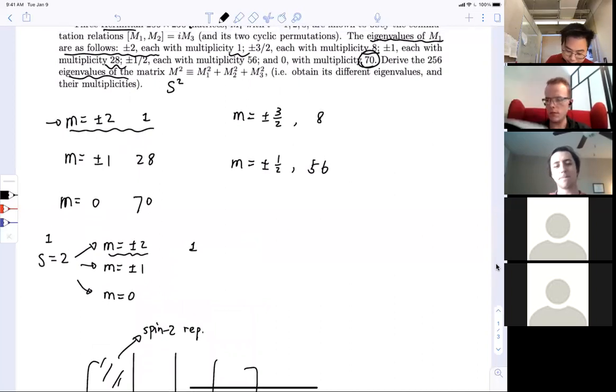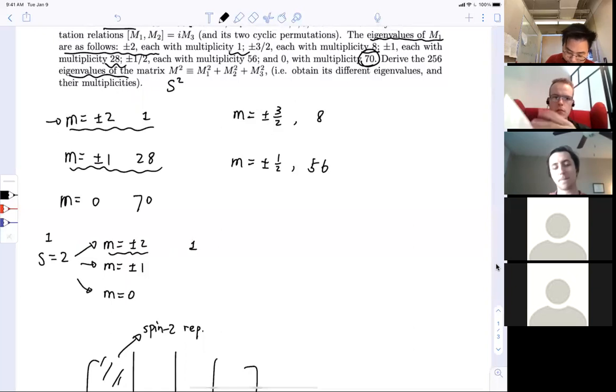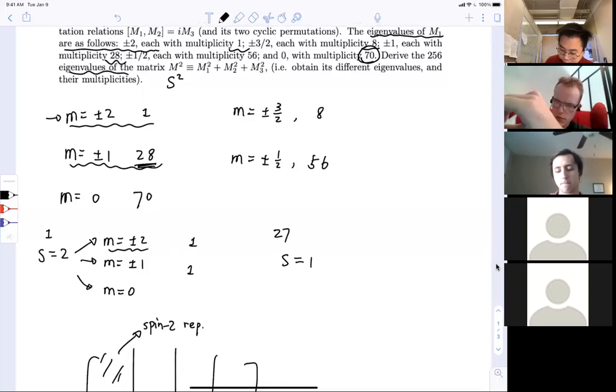Okay, so let's look at the next one. Now we know there are in total 28 with plus or minus 1, but there is already 1 from the spin 2, meaning that there must be 27 spin 1 representations, which give us plus or minus 1 and also m equals 0.